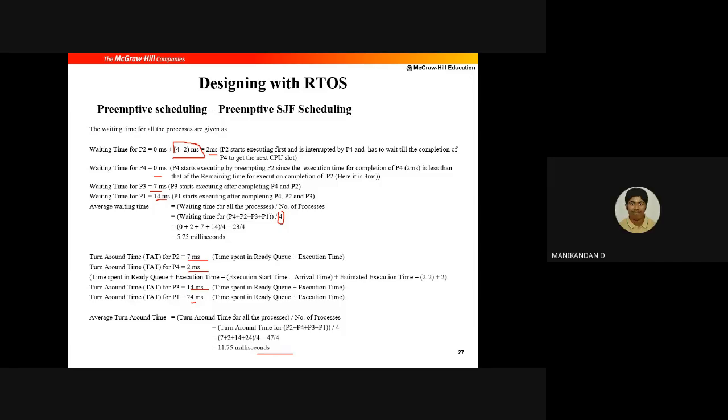For P4, for the turnaround time, I didn't get how it was 2 milliseconds rather than 4 milliseconds. Why is it 4 milliseconds? Because it is the total time, the time it waits plus the time it takes to execute. Correct. See, suppose P4 completed at the 4th millisecond and let us suppose it is ready again for execution.